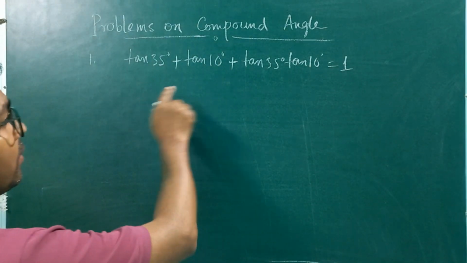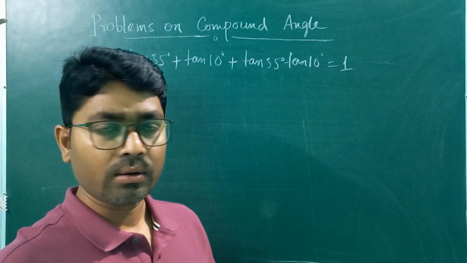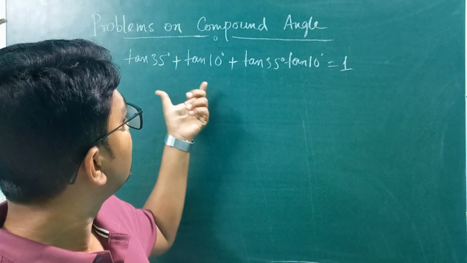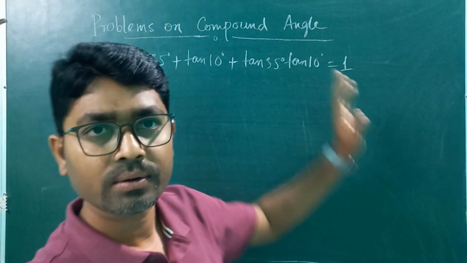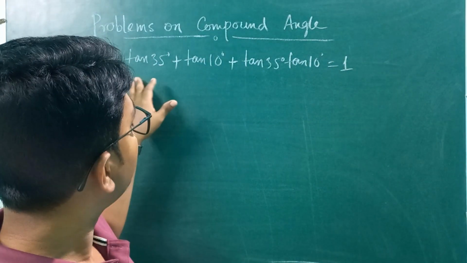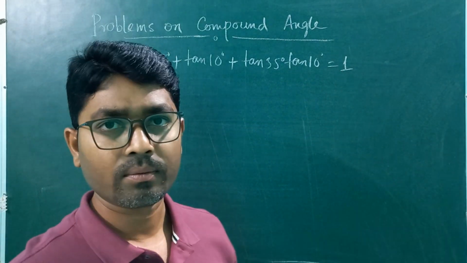We have to prove this trigonometric identity. In MCQ pattern, the question is to find the value of this trigonometric expression. Otherwise, it can be written in this way: prove this trigonometric expression, its value is 1.